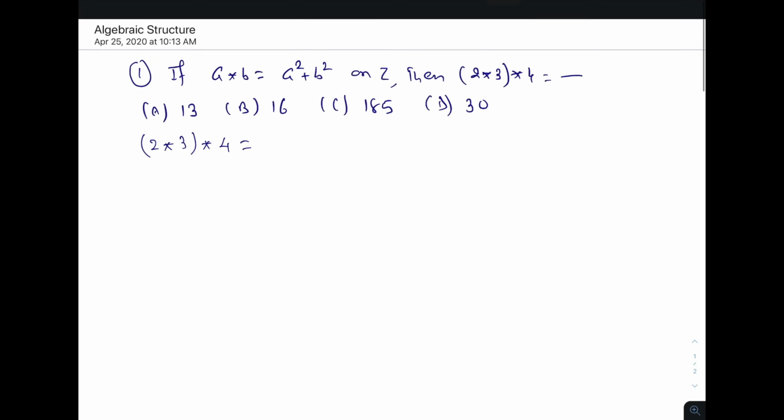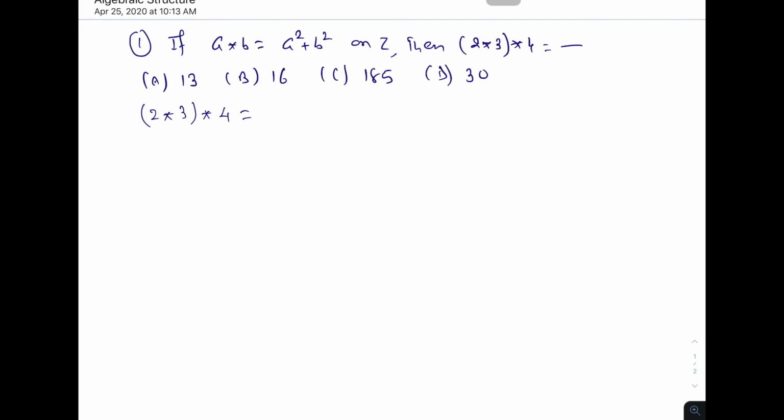Here the options are 13, 16, 185, 30. So 2 star 3 star 4.